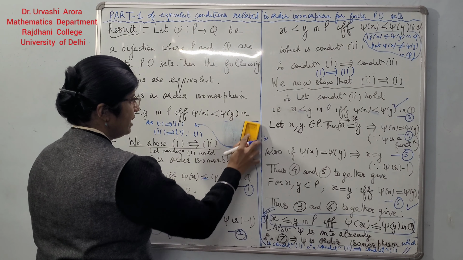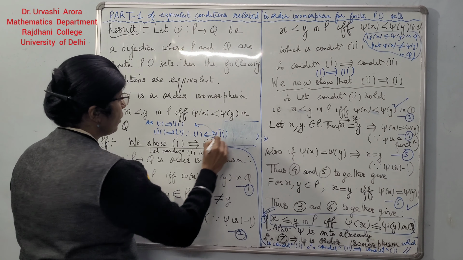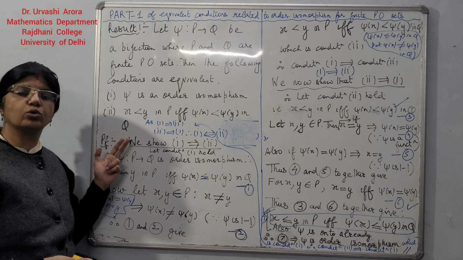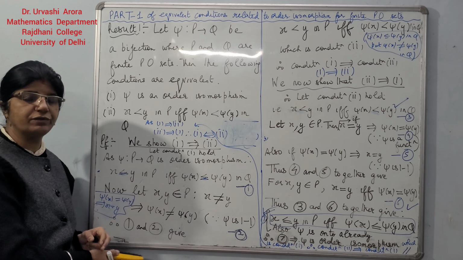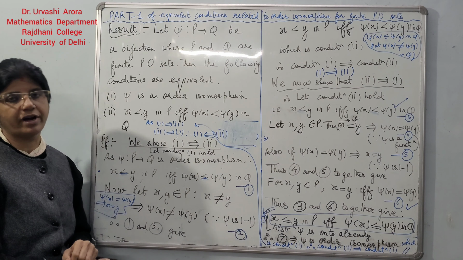So you can just write: therefore 1 and 2 are equivalent conditions, and that is what we had to show in result 1. This completes the proof of this particular result, which gives you equivalent conditions related to order isomorphism for finite posets.